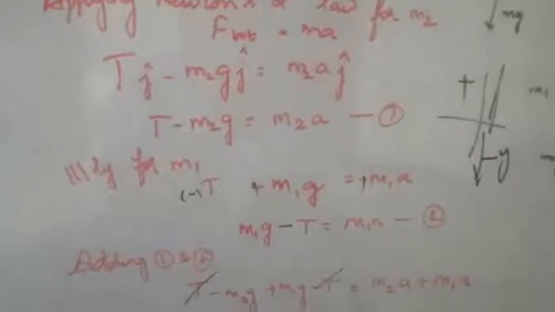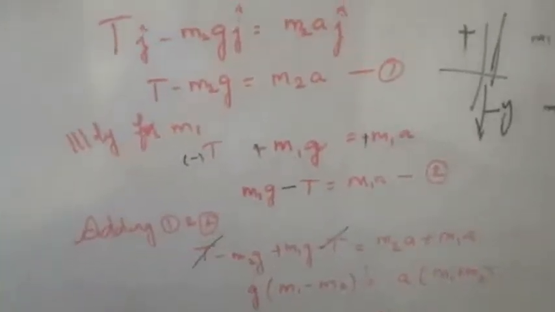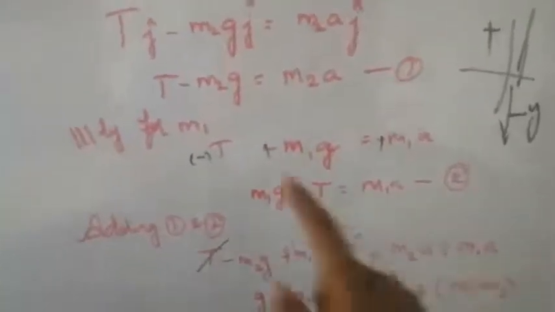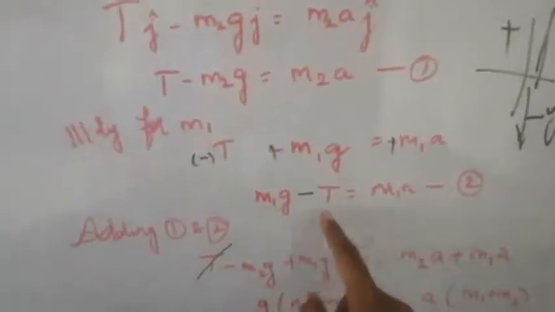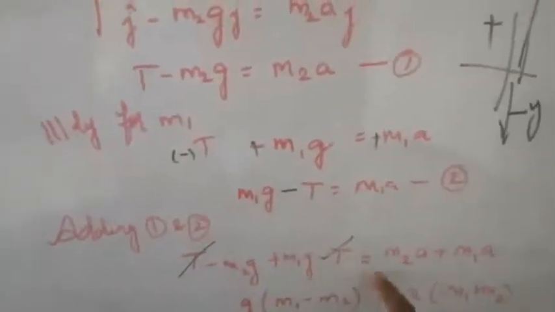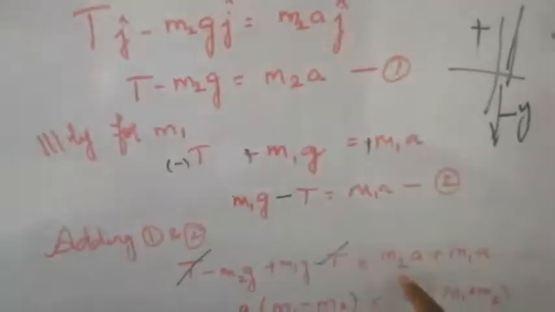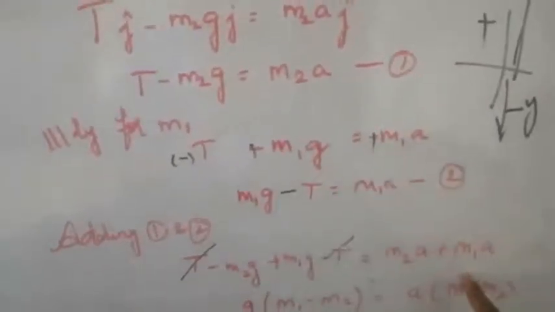What I did was simply apply Newton's second law for mass 1 and mass 2. Then add up both equations 1 and 2. The first equation's left hand side plus the second equation's left hand side is equal to the first equation's right hand side plus the second equation's right hand side. It is just adding up.